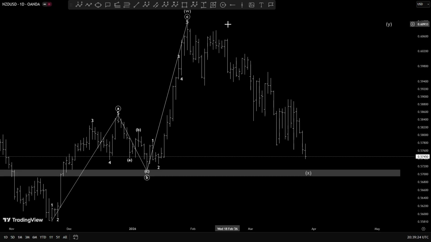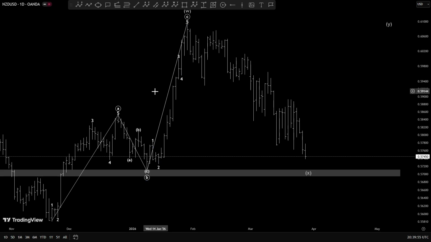And a double three represents a complex correction that is associated with other corrective structures and linked by multiple corrective structures. That is a double three. Which means inside of a double three you can find a zigzag pattern, because a double three represents a complex correction.